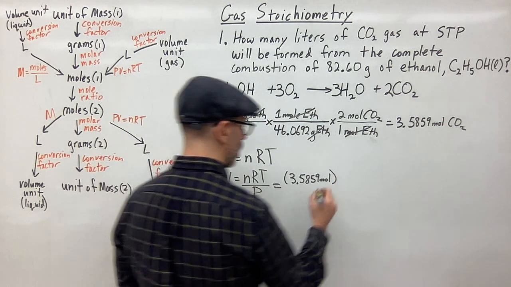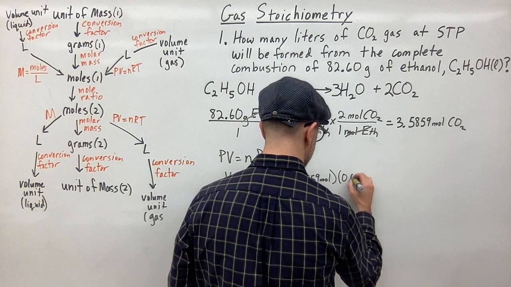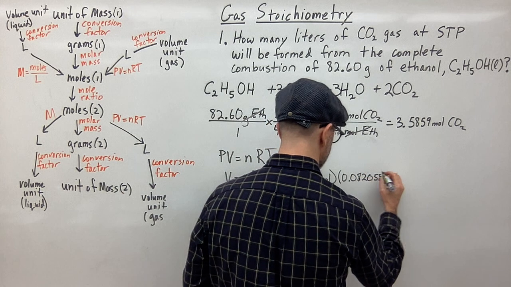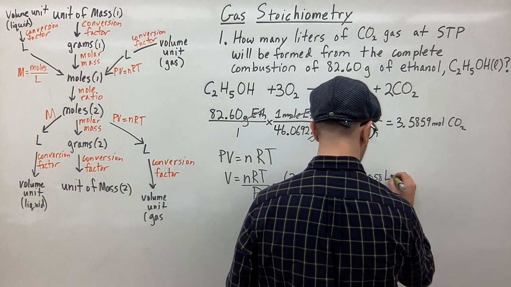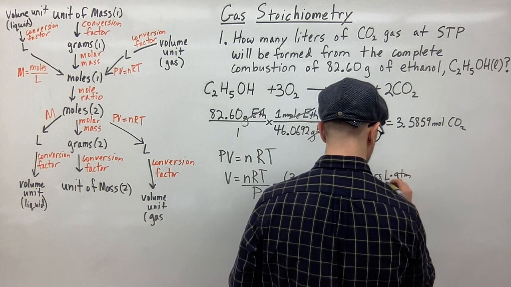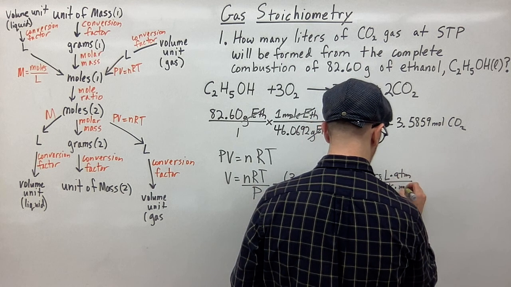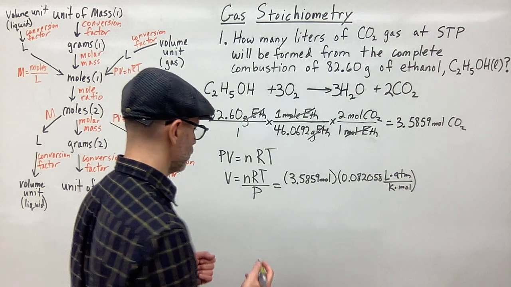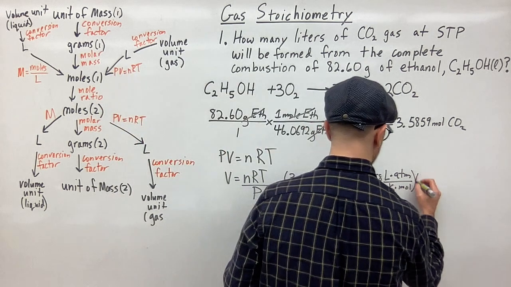And R is, we're going to use 0.082058. That's going to be liter atmospheres over Kelvin mole, since we're going to use atmospheres for the standard pressure. And then we're going to multiply by the temperature.